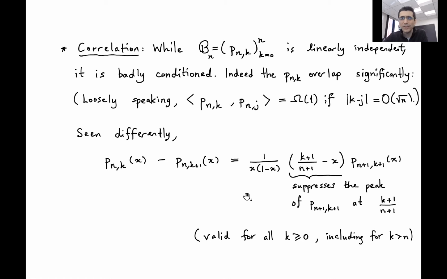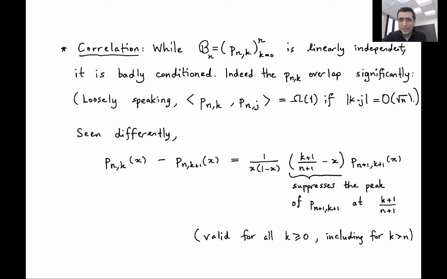Another way to see it is that if you compute the difference of these consecutive Bernstein basis polynomials, well, this is just algebra. One works out the algebra, and one finds that it's equal to a linear term here. You can ignore this 1 over x times 1 minus x for now.